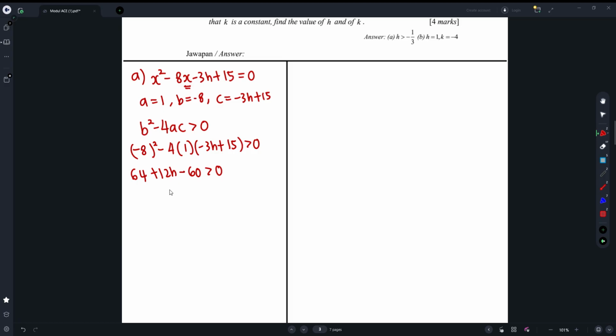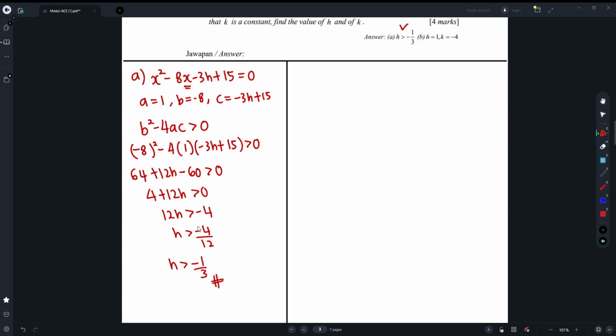So 64 minus 60, I'll end up getting 4 plus 12h more than 0. So 12h is more than negative 4 and h is more than negative 4 divided by 12. And finally, I'll get h is more than negative 1 over 3. And that should be the range for h as indicated.